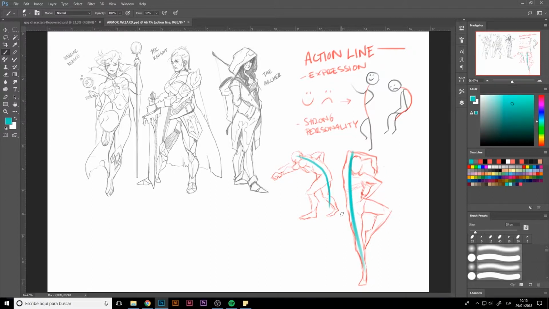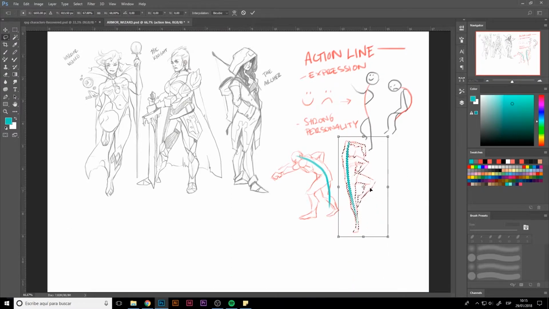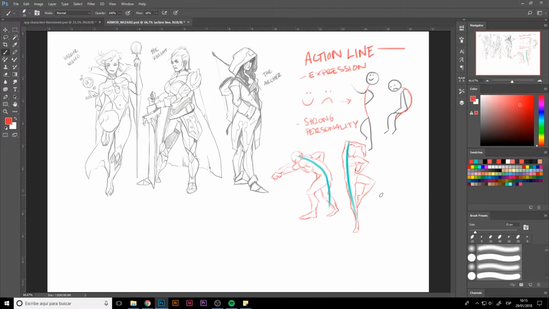So here's the dummy, and this would be the action line. Well, I'm going to put in one more case before we explain the characters we have here in grey that I've drawn before. We can put in a line that's completely curved. This guy here is doing a bow, so he's almost kneeling.